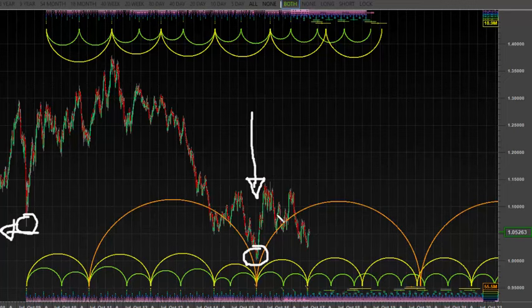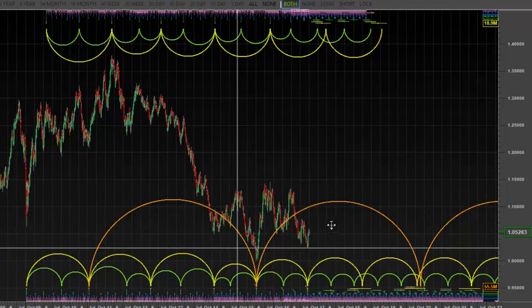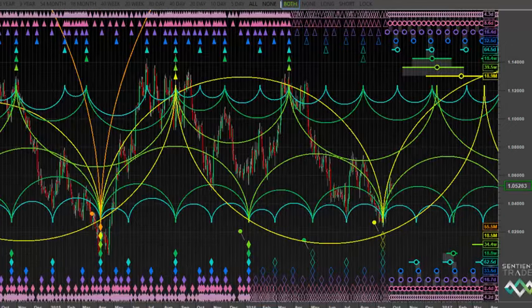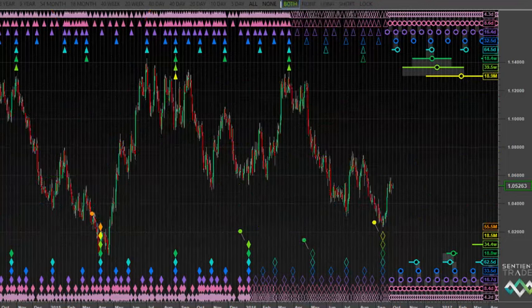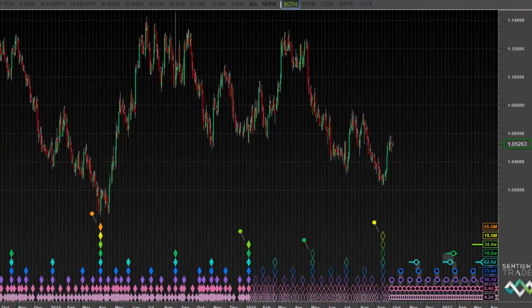And since then, we've seen a nice and very clearly shaped 18-month cycle. So let's zoom in on that. That has developed. Let's turn off the semicircles and we'll turn off the peaks for now, and come back to the peaks. I've had to do quite a lot of pinning to get this particular cycle to work, as you can see, because Sentient Trader was inclined to position that as a trough of the 18-month cycle.